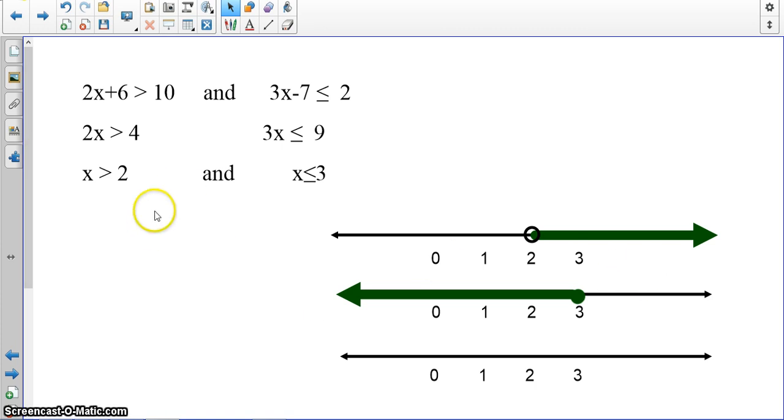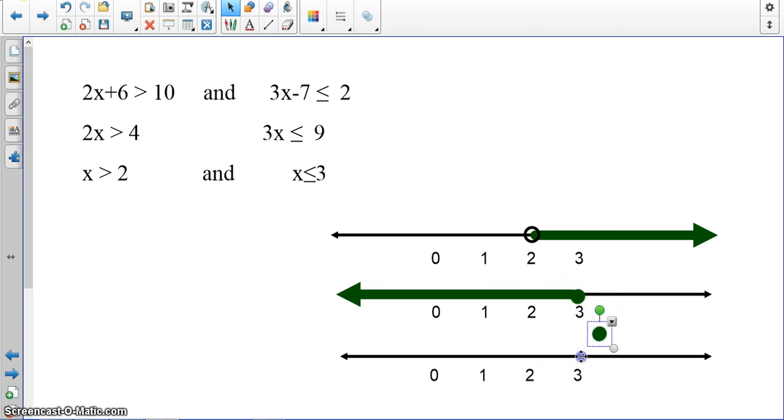So you want all the points that are both greater than 2, so the top one, and less than or equal to 3. That's the middle one. So what points are colored in for both of the number lines? The "and," one and the other. This is an intersection. Well, it's everything between 2 and 3, not including 2, but including 3.